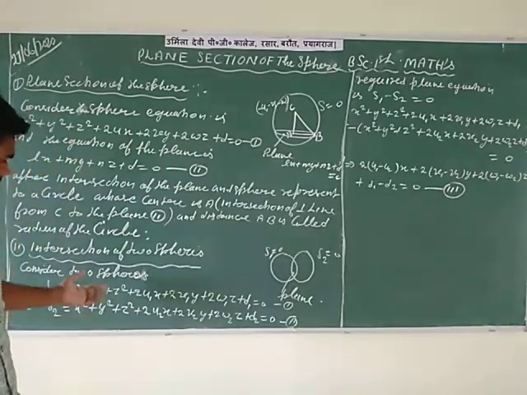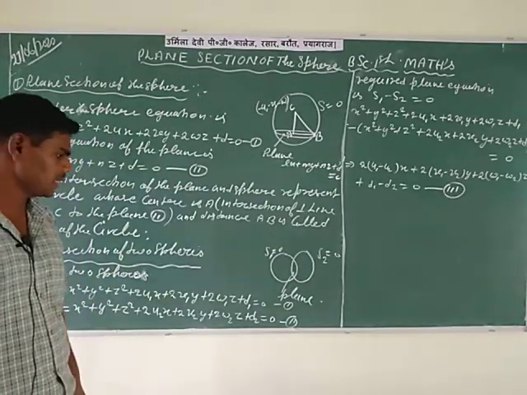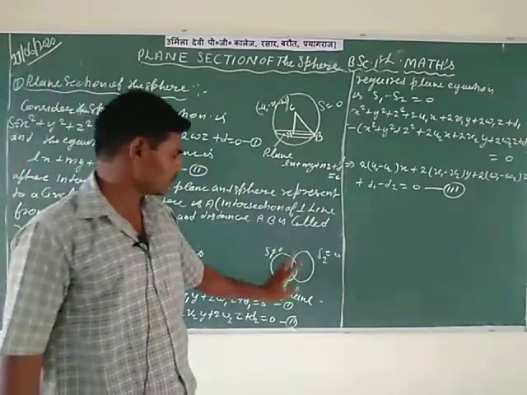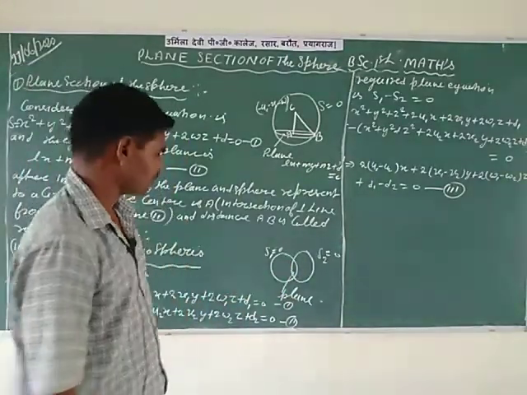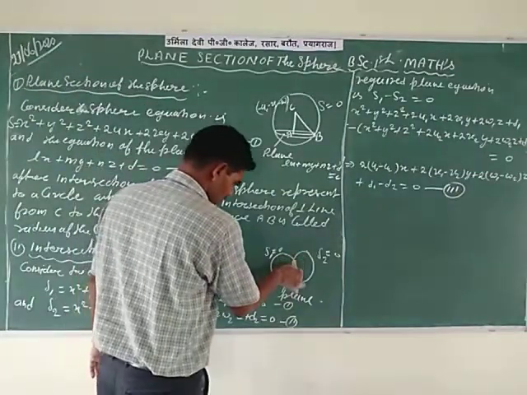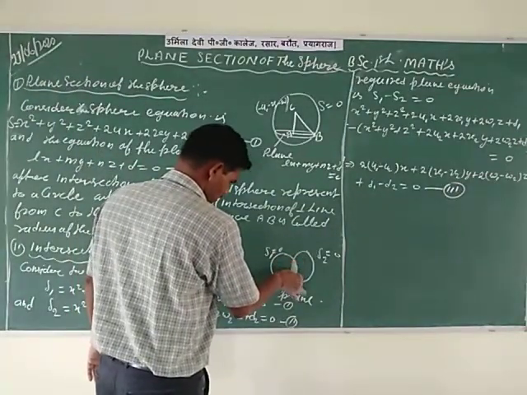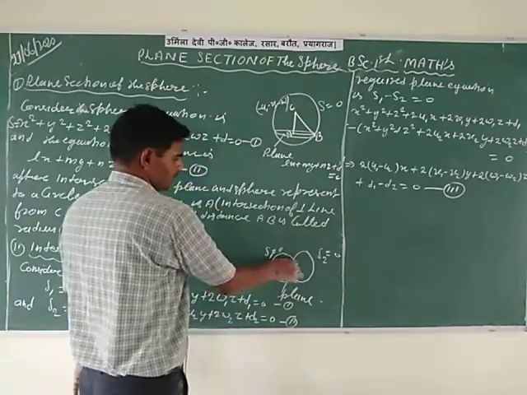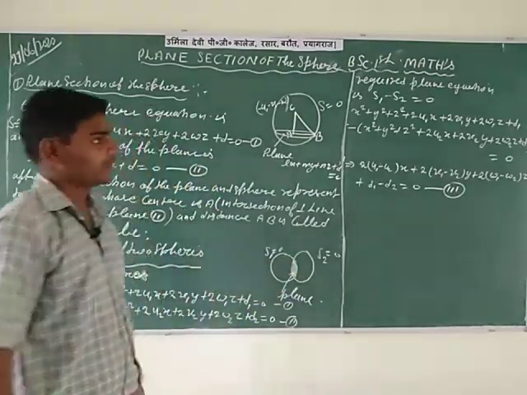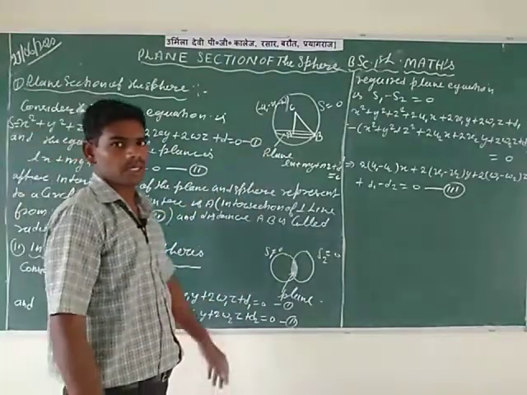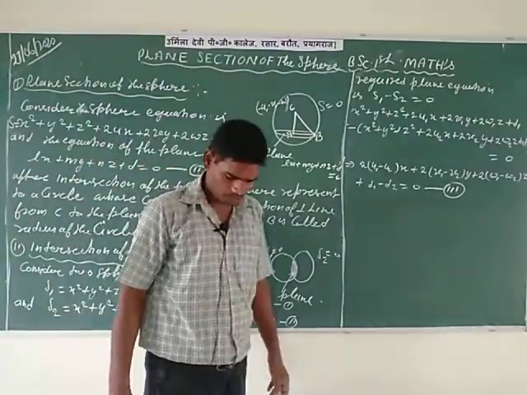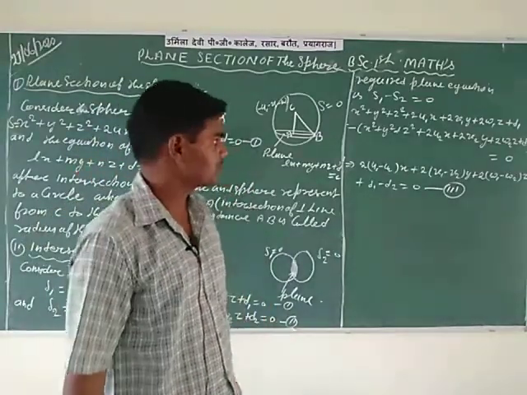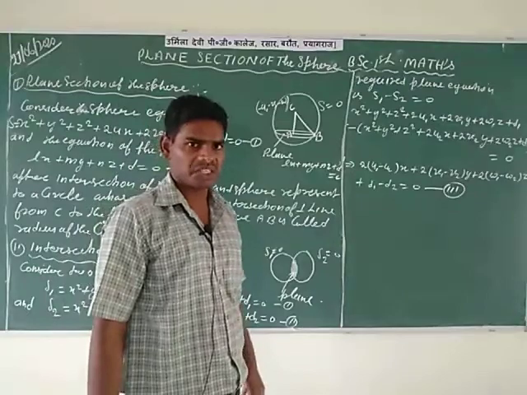So first write the equations of the given spheres, first and second, denoted by equation first and second, and for the intersecting plane, write the equation S1 minus S2 is equal to 0, and after this put all the values of S1 and S2, means sphere first and second, from equation first and second.